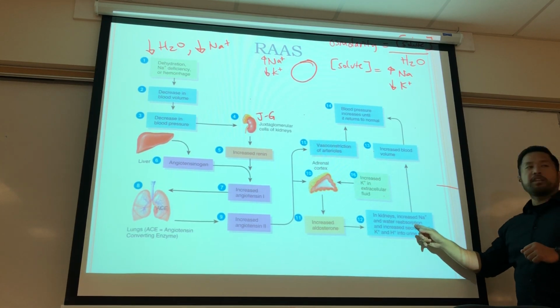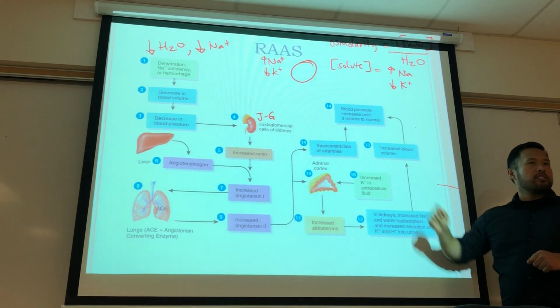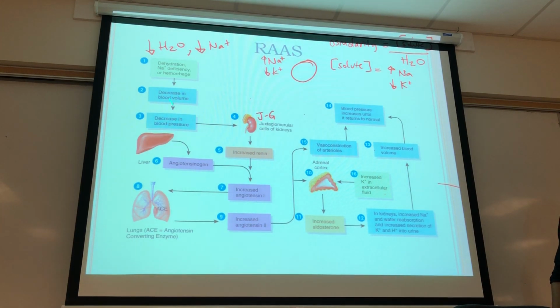Combine that with increased water retention, increased salt retention, and now we increase blood volume. So what started off as a decrease in blood, in water, a decrease in sodium, results back in the exact opposite of it.